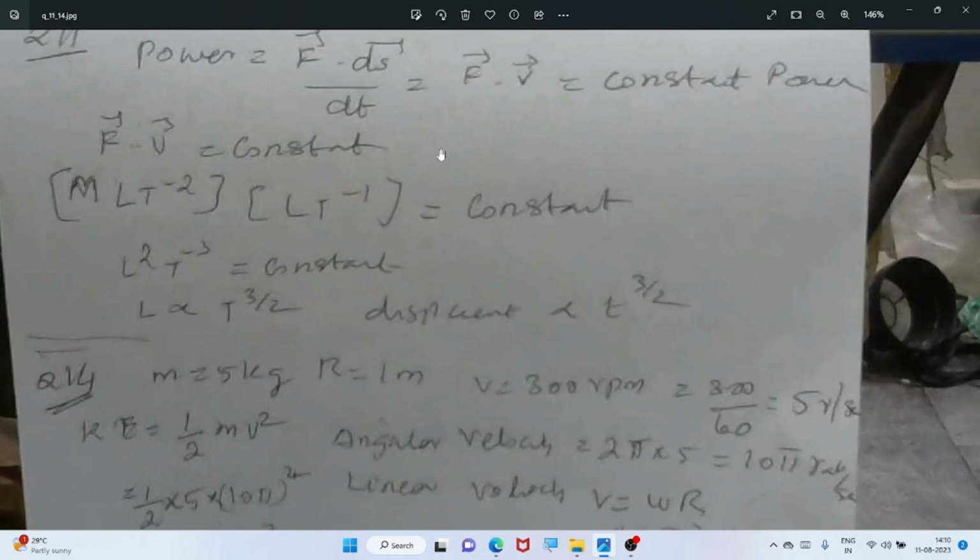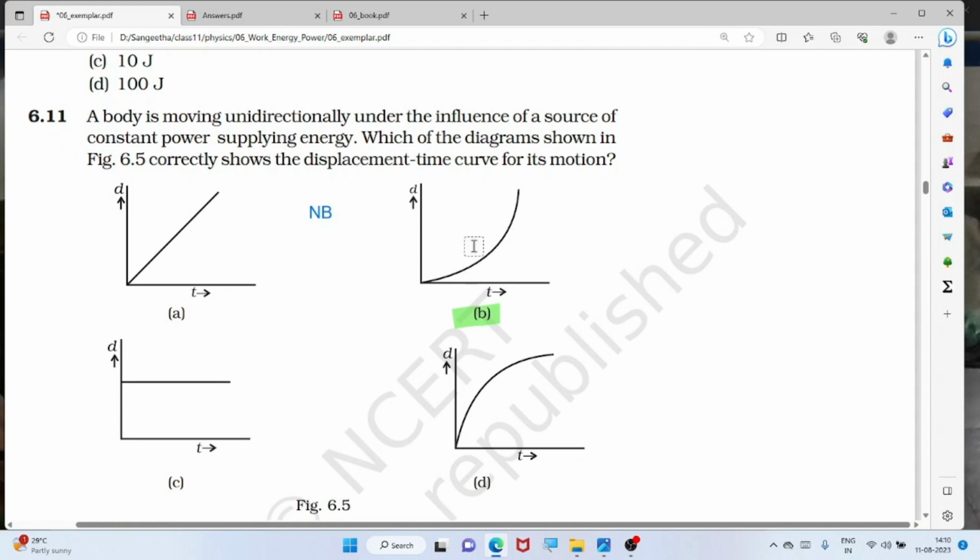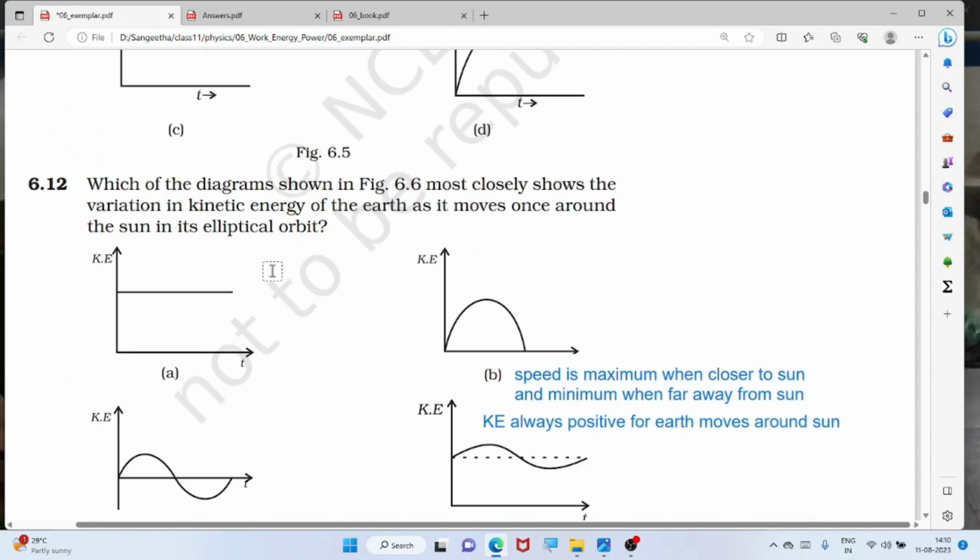Power is equal to force into displacement by time, because it's constant power. So force into velocity is constant. Force is mass into acceleration, m into LT minus 2, velocity LT minus 1, constant. If you use that dimensional analysis, you will get this. So this is that curve.